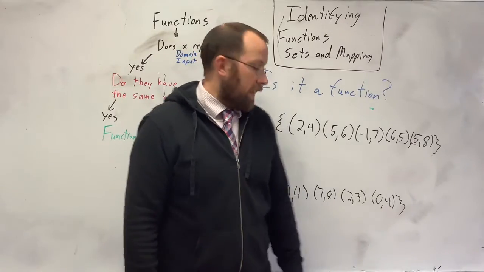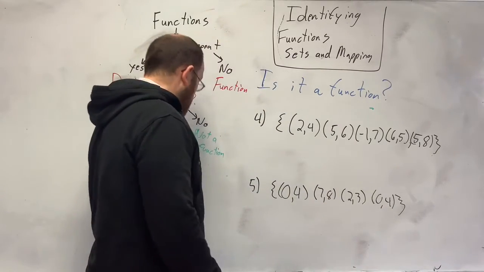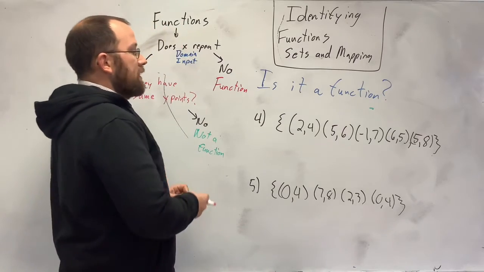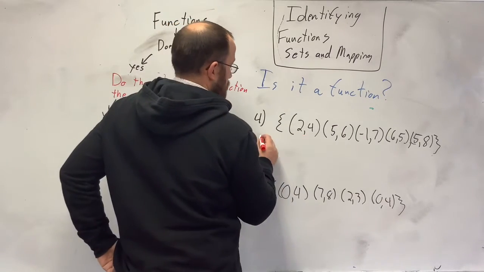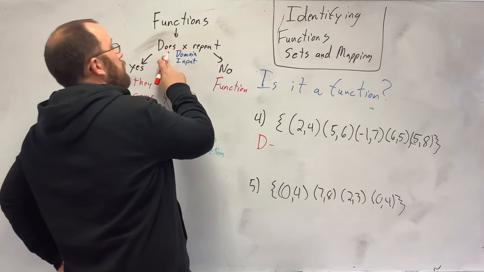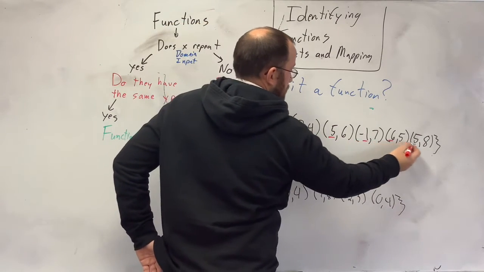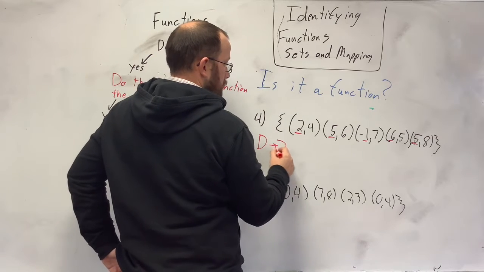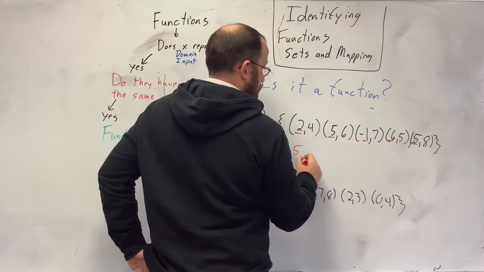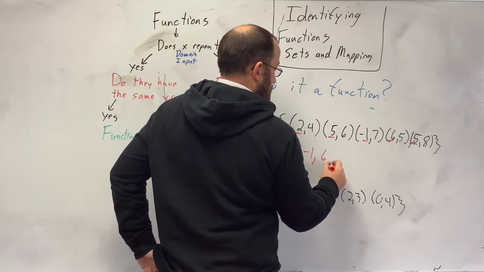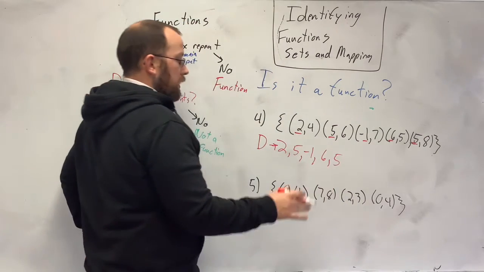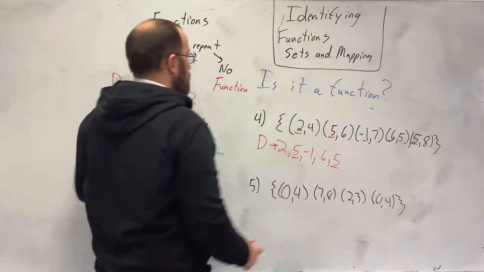All right, we're going to do 2 more examples. So is this a function? Let's look at our domains first, because we need to know, does the domain or the x repeat? 2, 5, -1, 6, and 5. Do any of those repeat? Yes, they do.